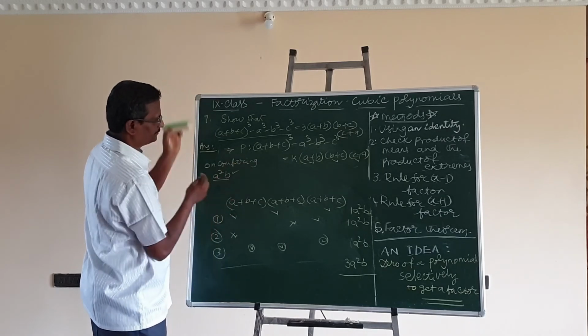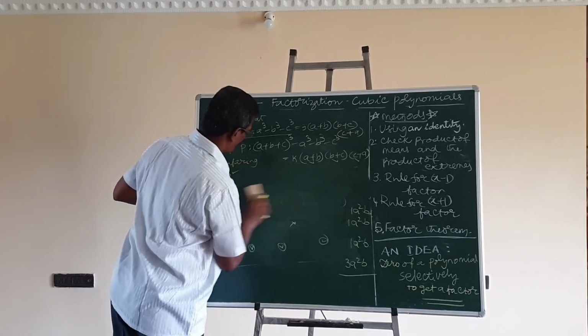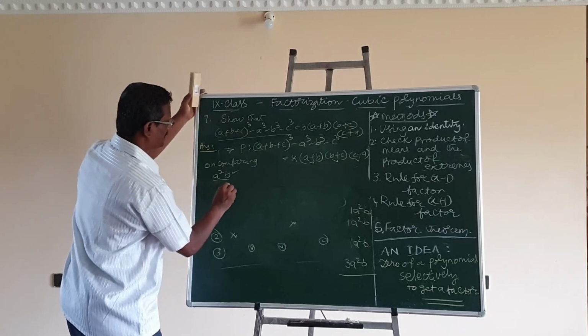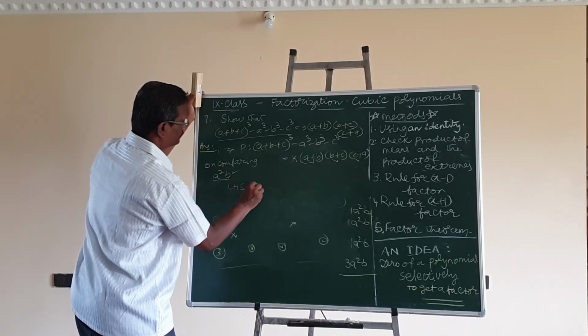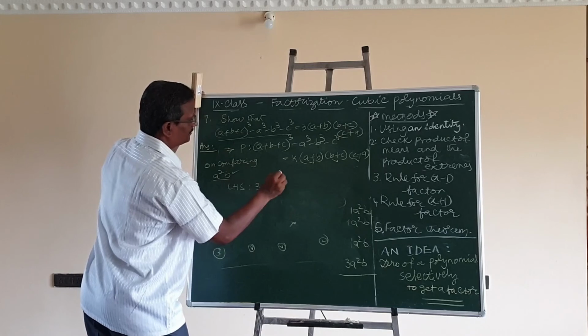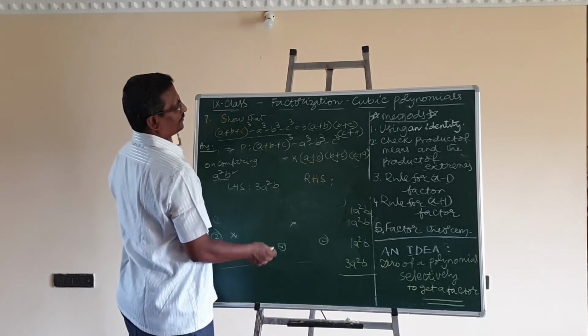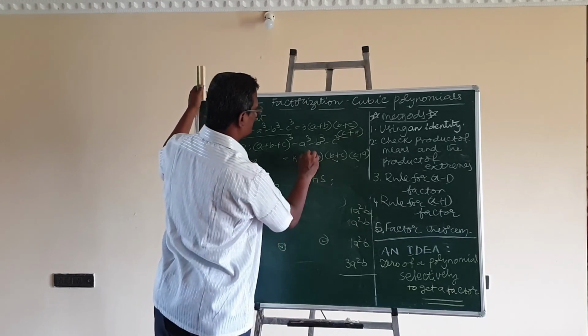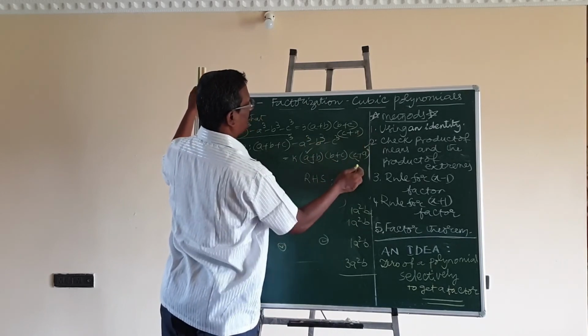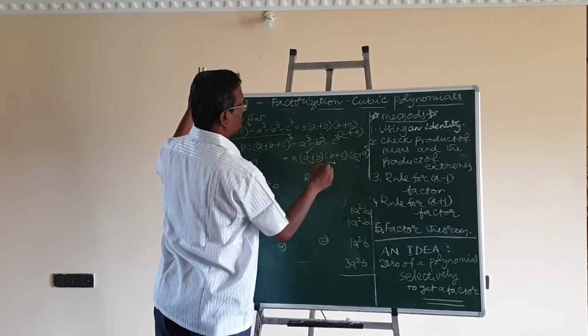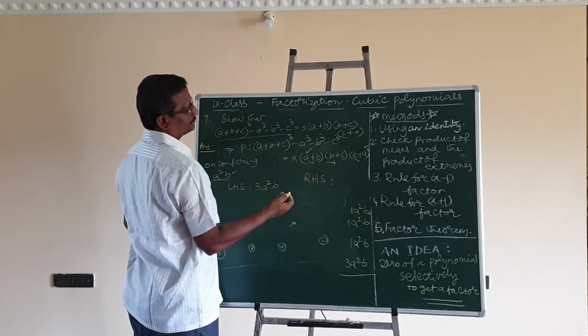On comparing a square b, LHS is 3 a square b, and RHS is a square b: from the first term a, from the last term a, and the middle term is b. There is no other way.